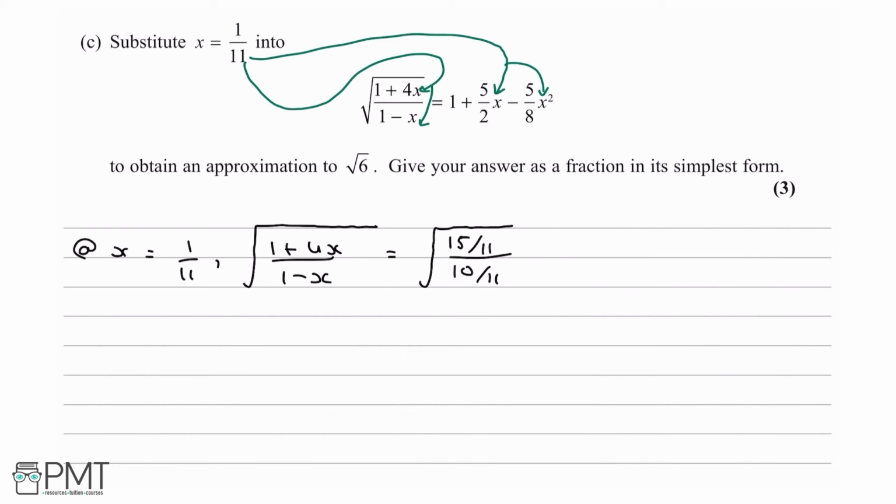Simplifying, we have over 11 on both sides, so this just equals the square root of 15 over 10, and 15 over 10 simplifies to 3 over 2. So this equals the square root of 3 over 2.